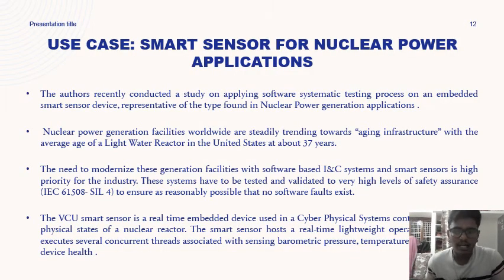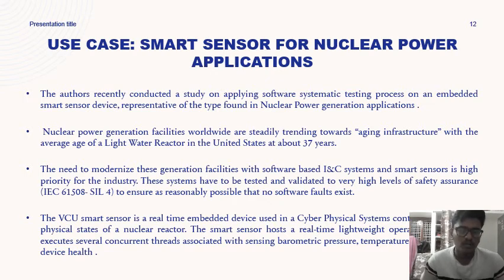Use case: smart sensor for nuclear power applications. The author recently conducted a study on applying a systematic software testing process to an embedded smart sensor device representative of the type found in nuclear power generation applications. Nuclear power generation facilities worldwide are steadily trending towards aging infrastructure, with the average age of light water reactors in the United States at about 37 years.